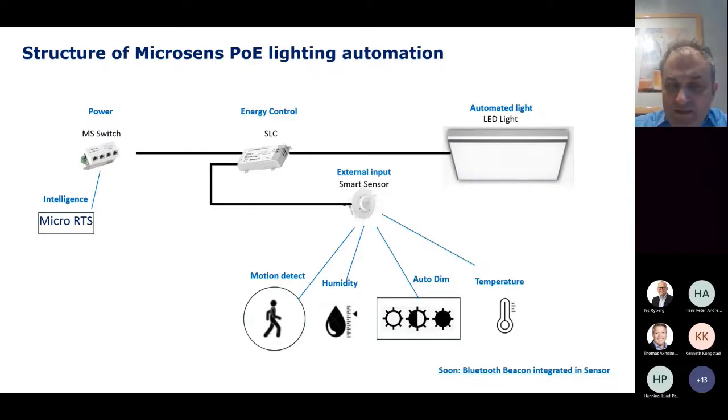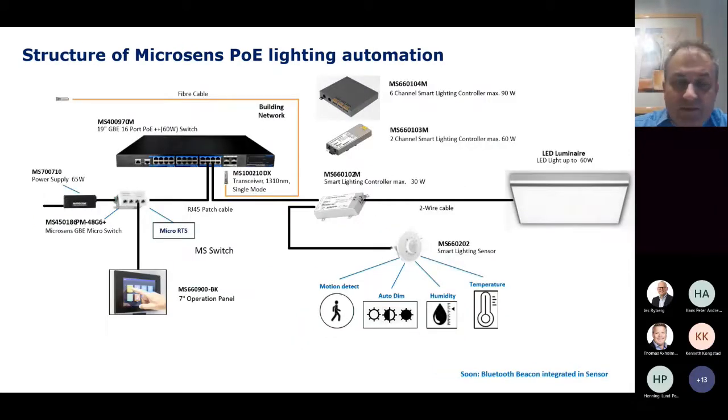The smallest lighting solution is this one with the single channel smart light controller, and we can run a maximum, depending on the PoE standard, of 30 watts as total power for the port. The actual PoE standard covers 60, and the newest one is also able to run up to 90 watts per port.